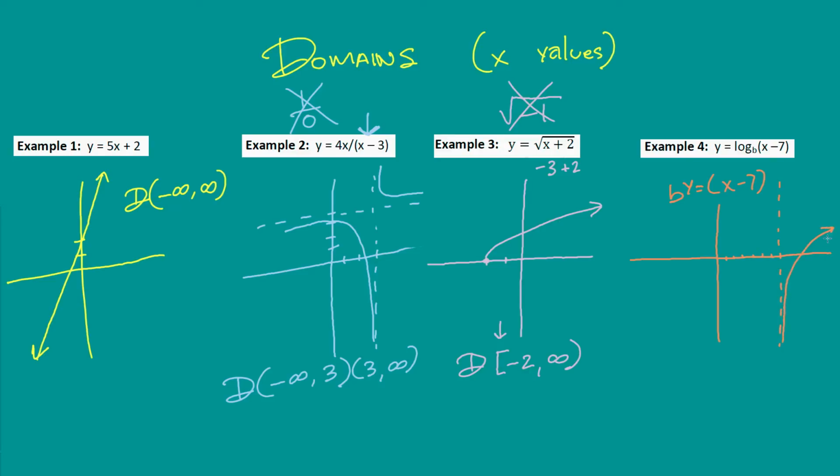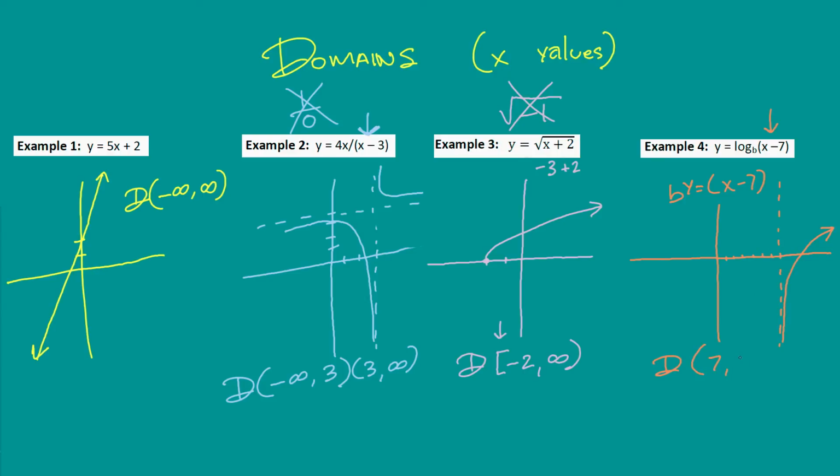Obviously this has been shifted over, so this means that I can't have this value be 0 or negative. With our root we were allowed to have a 0, so it was included, but here with this guy it will not be included, so I can't have 7.